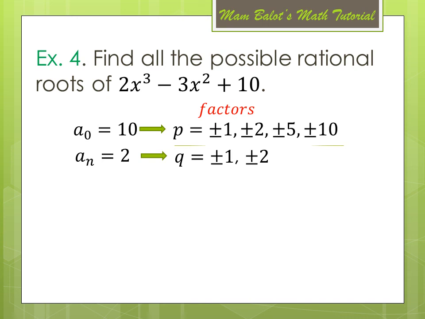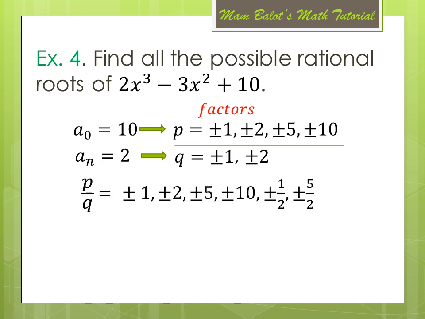So when we divide these factors, the result now for p divided by q are positive and negative 1, positive and negative 2, positive and negative 5, positive and negative 10, then positive and negative 1 half when we divide 1 divided by 2, and positive and negative 5 halves when we divide 5 divided by 2.